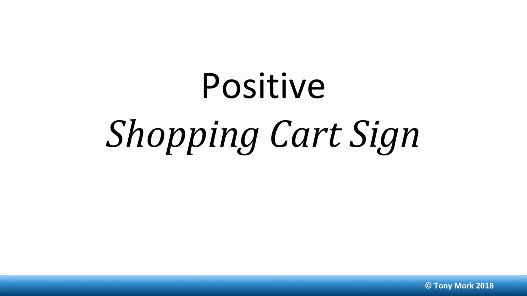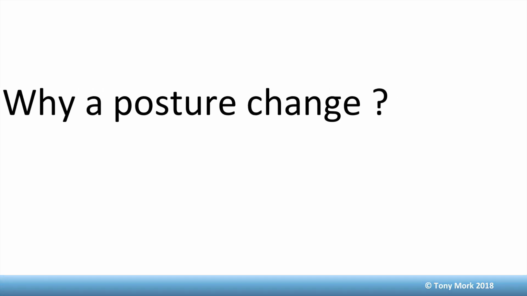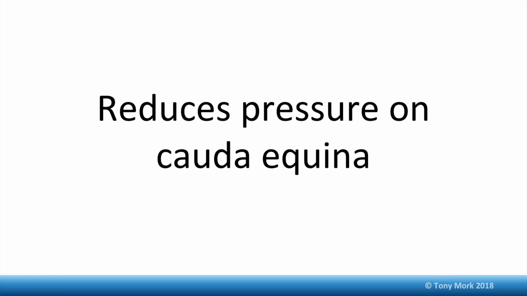If you like to go to the grocery store, or to Home Depot or Lowe's, and you like to get a cart so you can lean forward, this is referred to as a positive shopping cart sign. And the reason that people like to lean forward is because it reduces the pressure on the cauda equina, which are the nerves that have left the spinal cord.